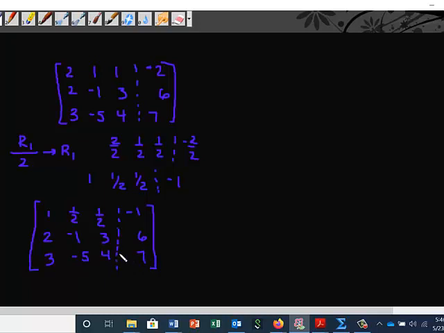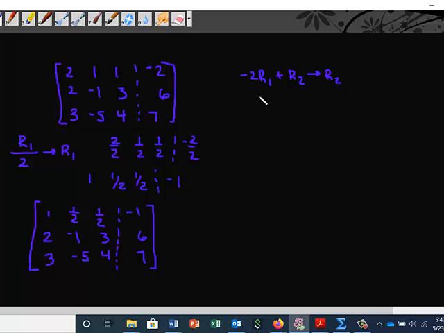And the next thing we do is get a 0 in this position. So we will take -2 times row 1 and add it to row 2 to get the new row 2.